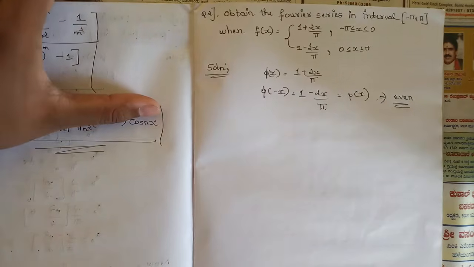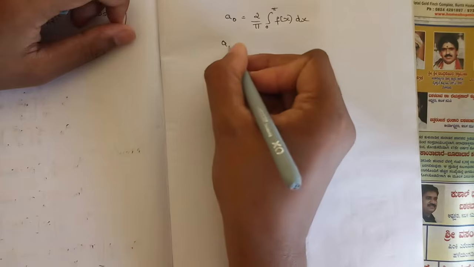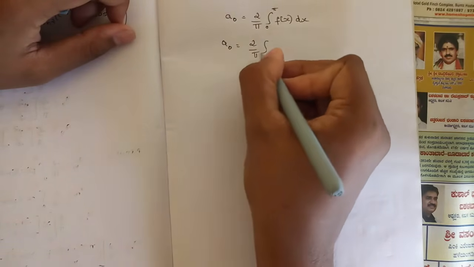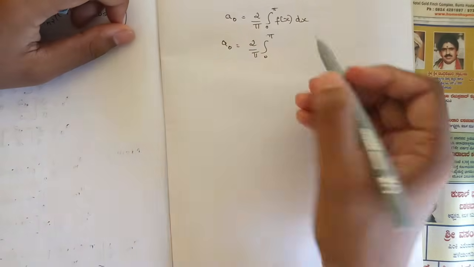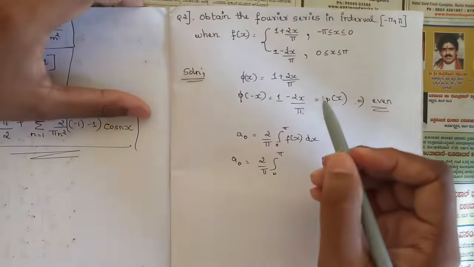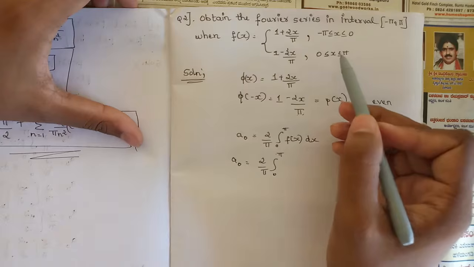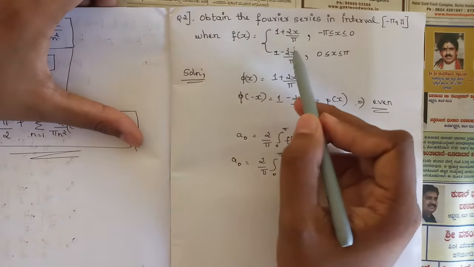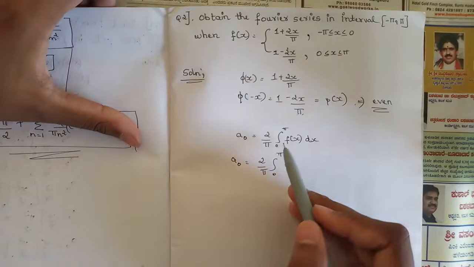Let's find a0. This is the formula for a0: 2 by pi, integral from 0 to pi of f of x dx. In the question, for the interval from 0 to pi, the function is 1 minus 2x by pi. So we write this value for f of x, because the interval goes from 0 to pi.